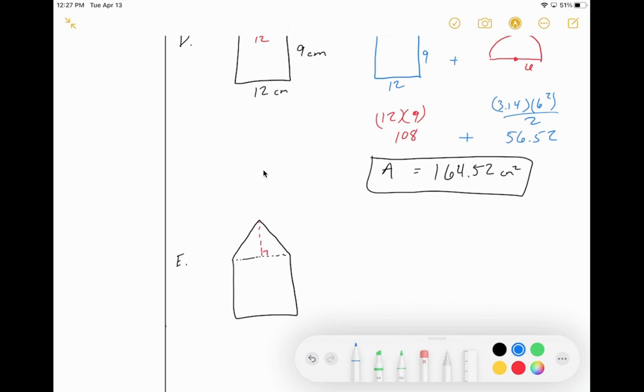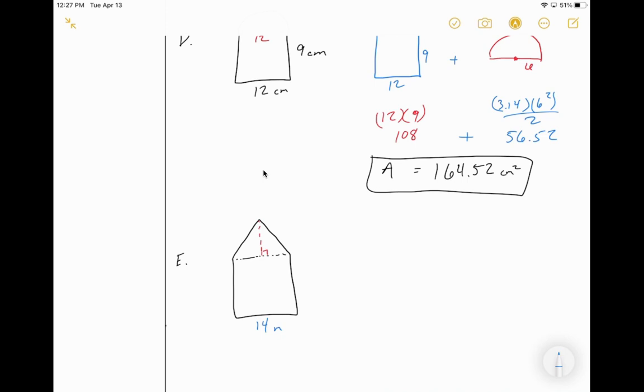We'll say this is, I don't know, 14 meters. And this is, we'll say 11. And then we'll say that this triangle height here is 6.